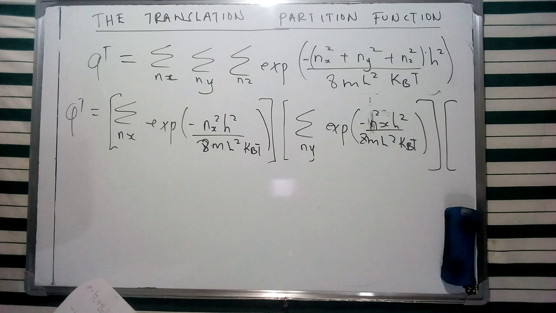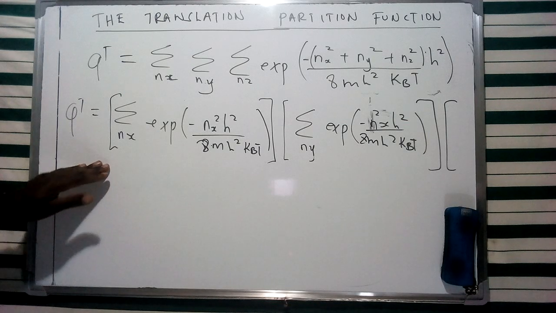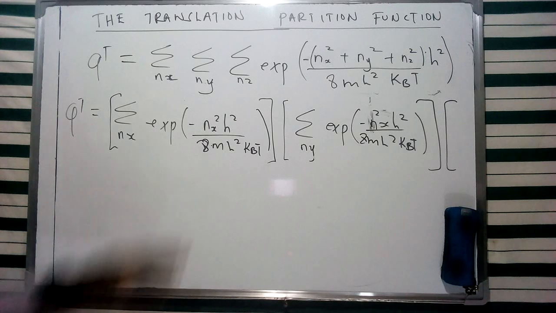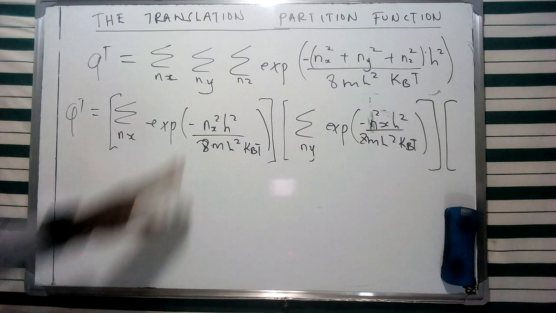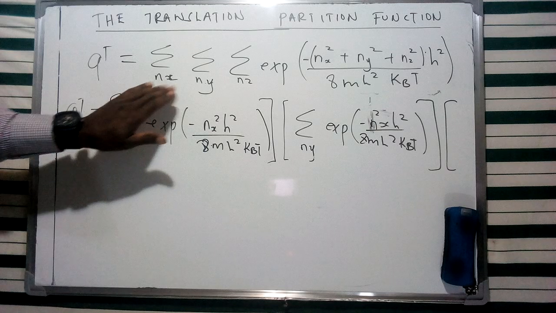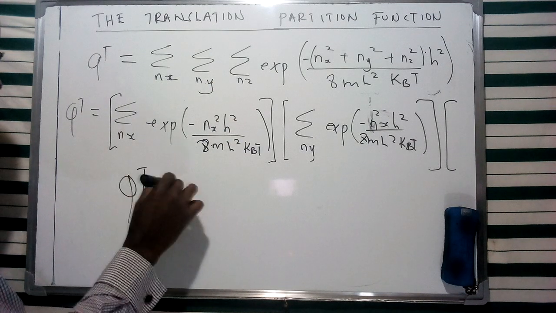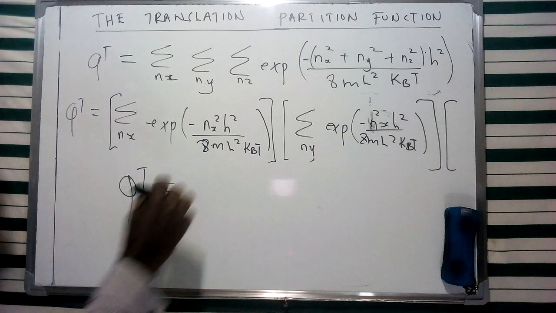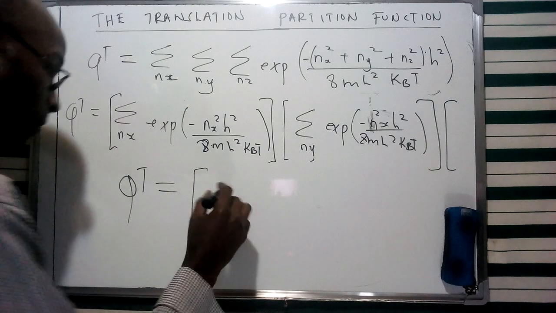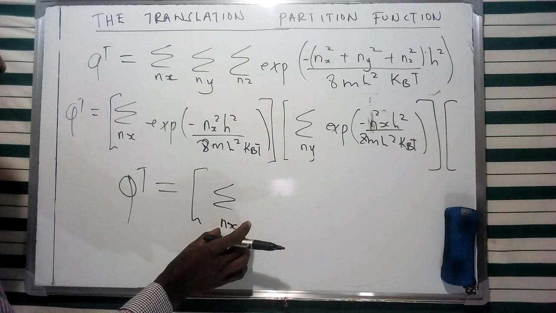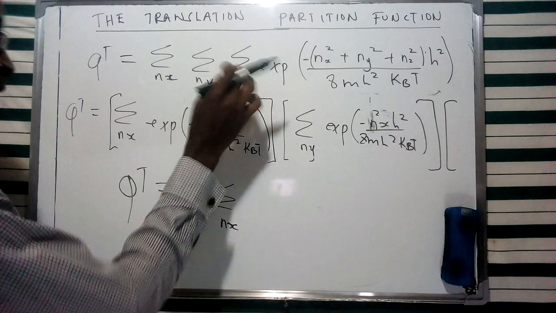So therefore, this is going to be considered for the translational partition function. But in case we had this specific box that we're going to consider in three-dimensional space, equivalent in terms of nx, ny, and nz, we can have a general representation for the partition function of this particular particle given as the summation over nx, which is basically representing a similar set of equivalents for nx, ny, and nz.